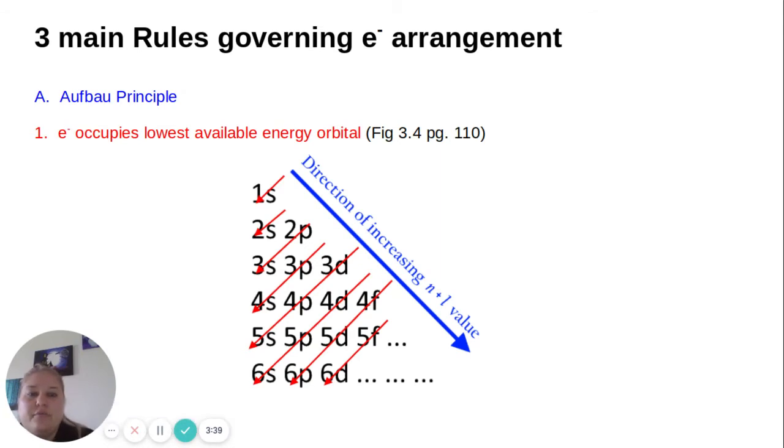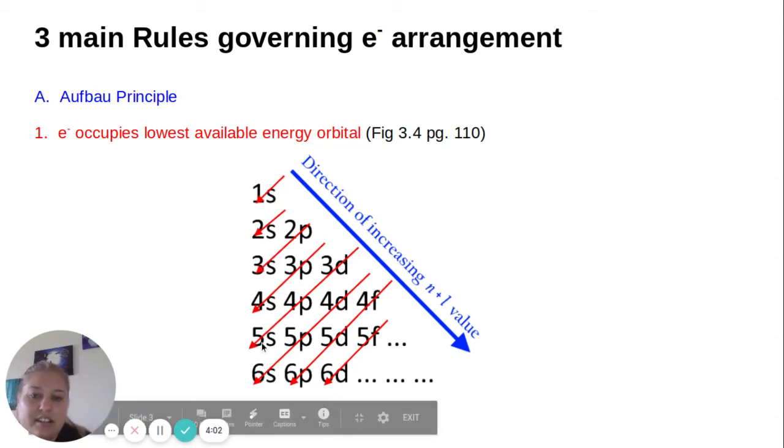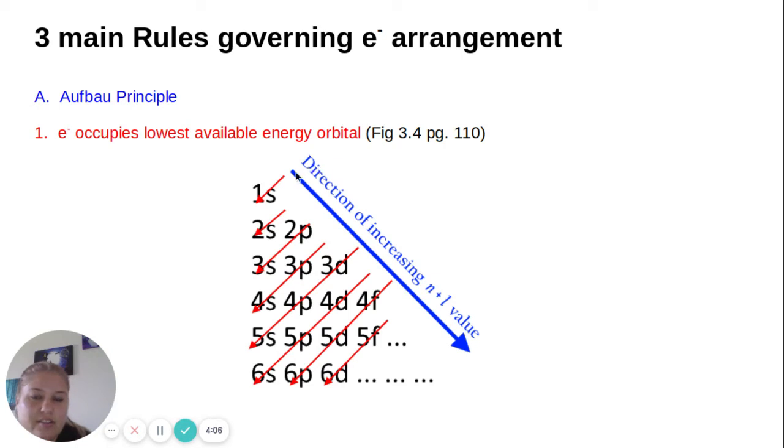So there are 3 main governing rules for how to do it, and you can't really violate these rules. The first rule is Aufbau's Principle, and it says that electrons occupy the lowest energy level and energy orbital first. This is in your book. I think sometimes it's helpful for people and sometimes it's not. Energy levels are listed here along with orbitals, and you fill in this direction.